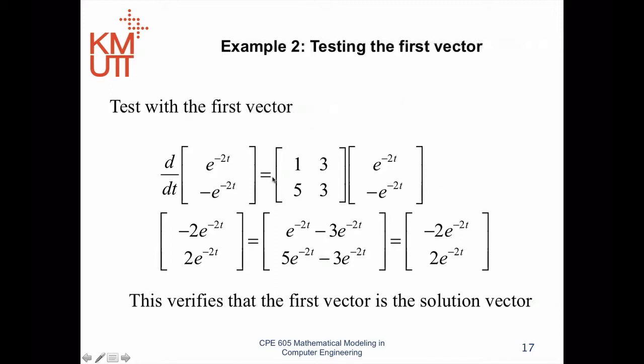The matrix multiplication on the right hand side yields, for the first row, e to the minus 2t minus 3 e to the minus 2t, equaling minus 2 e to the minus 2t, and 5 e to the minus 2t minus 3 e to the minus 2t equaling 2 e to the minus 2t. The left hand side equals the right hand side, so this verifies that the first vector is a solution vector of the system.